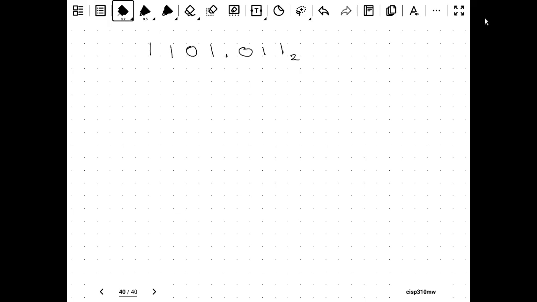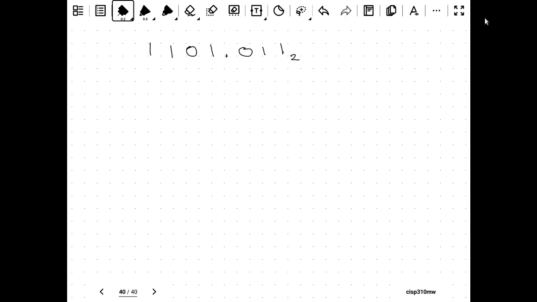What is the value represented by this binary number? It has a decimal point, which should be called a binary point at this point. What is the point of the point? It tells you where digit 0 is. Digit 0 is the digit immediately to the left-hand side of the point. So this is digit 0 right there.